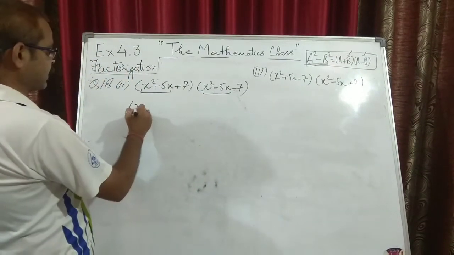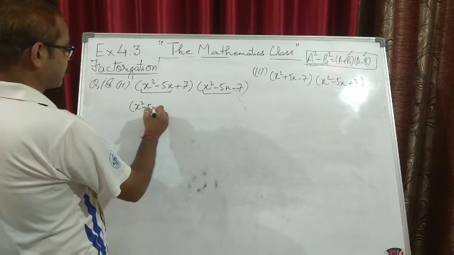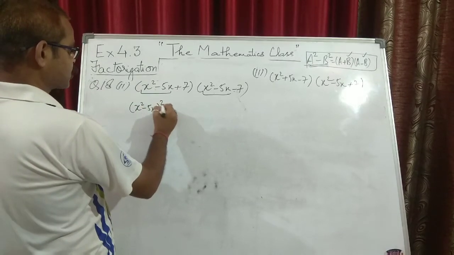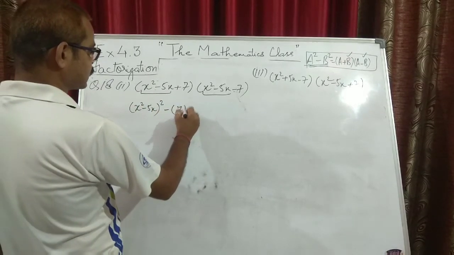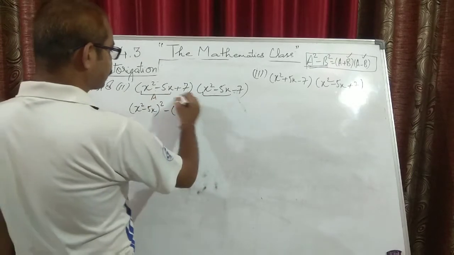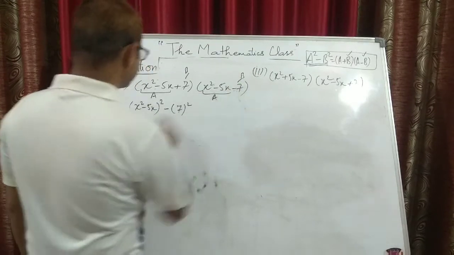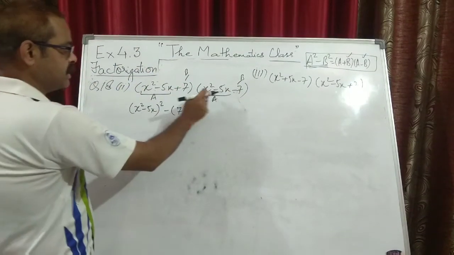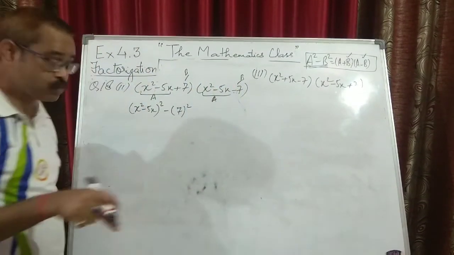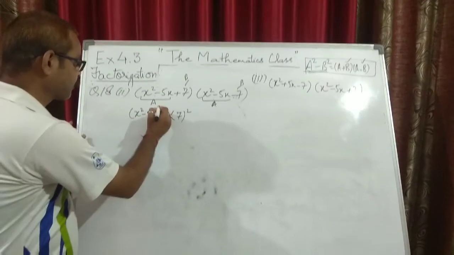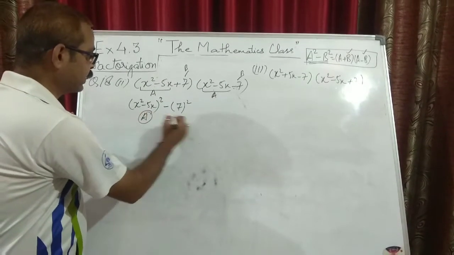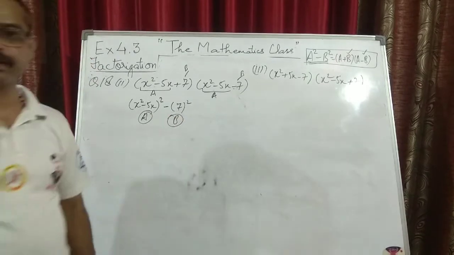So simply you can write x square minus 5x whole square minus 7 square. This as a and this as b. So a plus b, a minus b is what? a square minus b square. That's it.